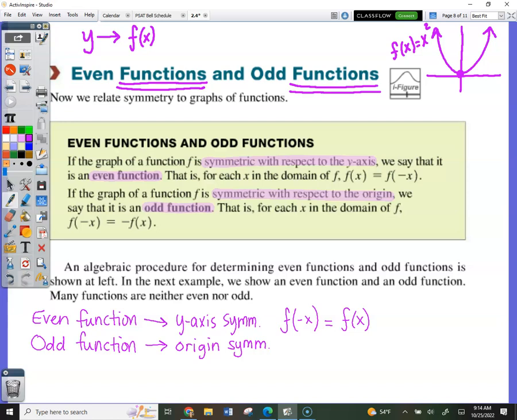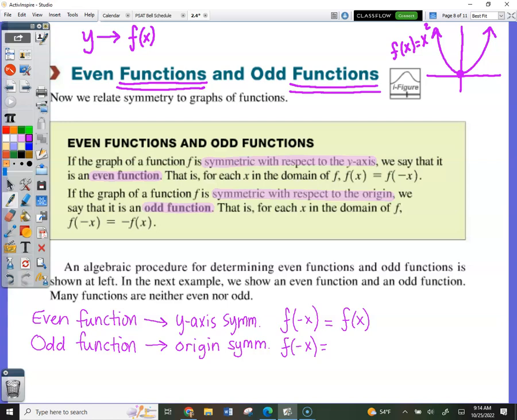The algebraic way to check this, if you go back to the last couple of slides, when we were checking the origin, we plugged both negative x and negative y in, right? Okay, but since we're talking about a function, we have to be able to represent it in one simple equation. So the way that it's represented is, take the function, plug negative x in, which you're going to do when you check for even. So that's already going to be done.